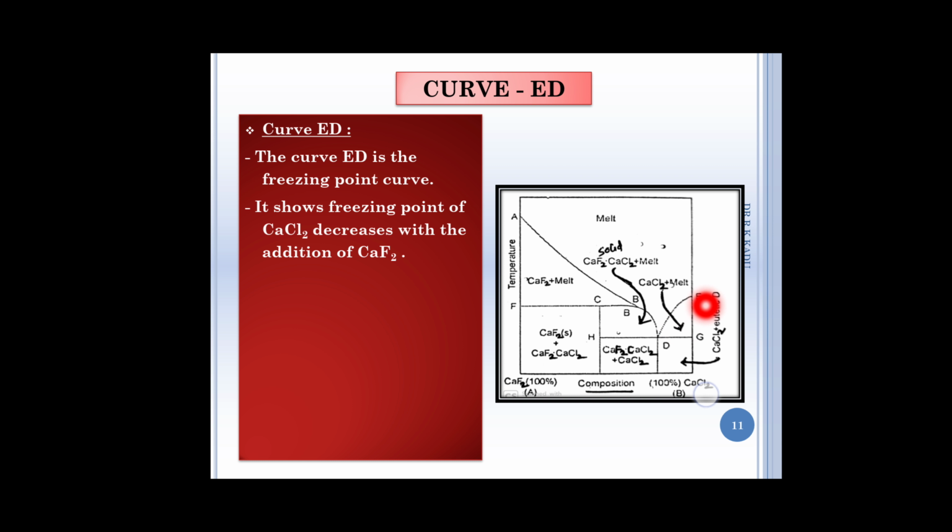As the line goes on decreasing from right to the left, addition of this CaF2 takes place here, and due to the addition, the freezing point goes on decreasing.